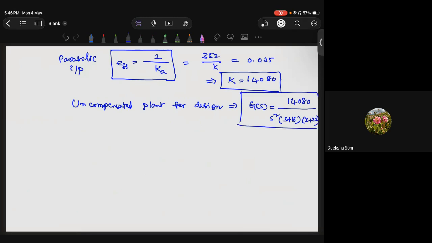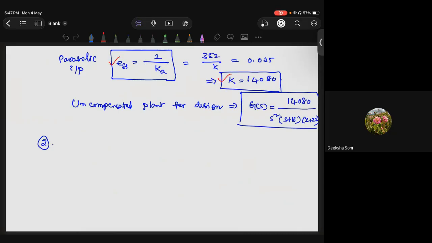This is the uncompensated plant transfer function. So that is the first part, where using ESS we found the K.